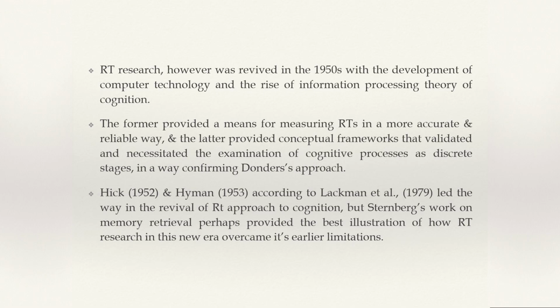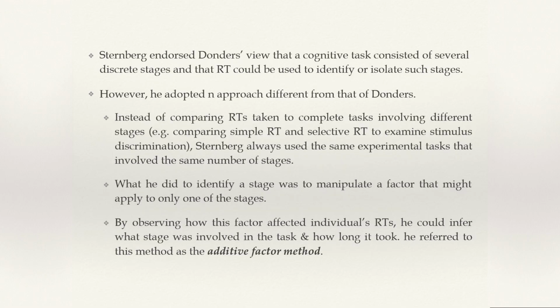So let's look at that in some detail. Now, Sternberg endorsed Donders' view that a cognitive task consists of several discrete stages, and reaction times could be used to identify or isolate these stages. He adopted a slightly different approach from Donders'.